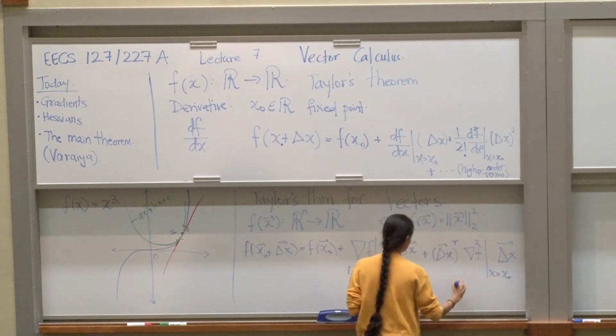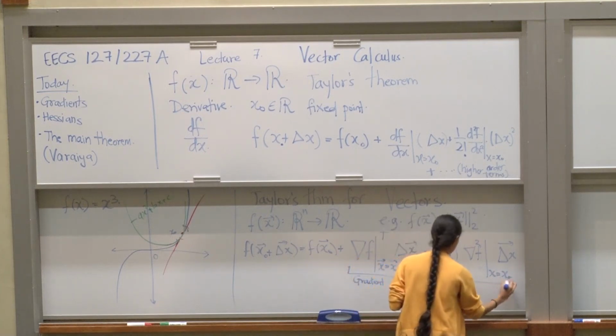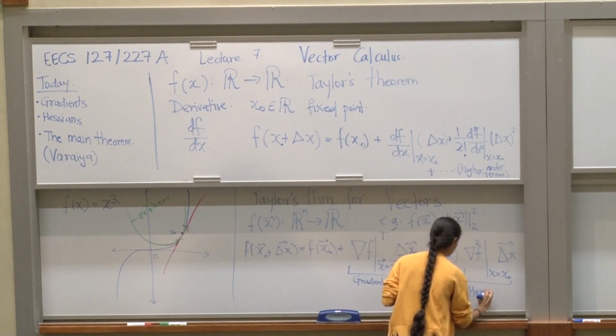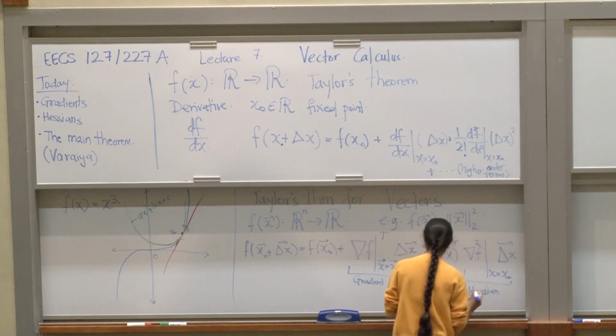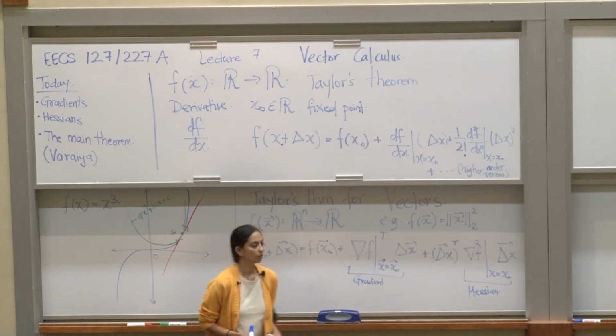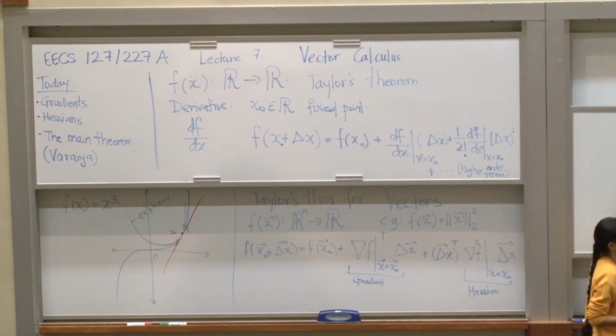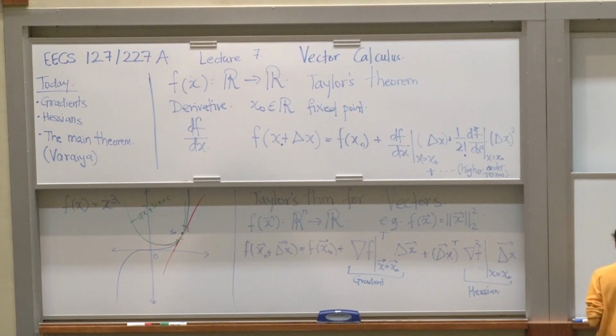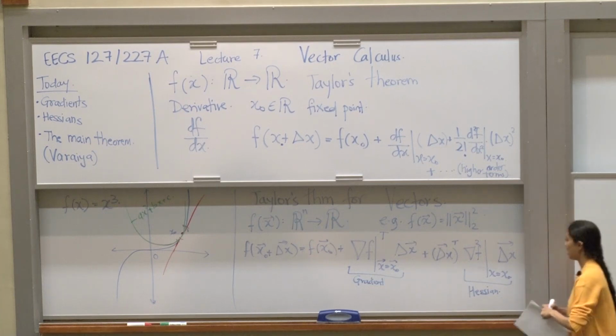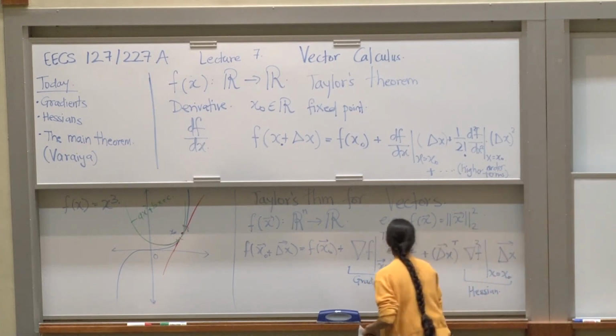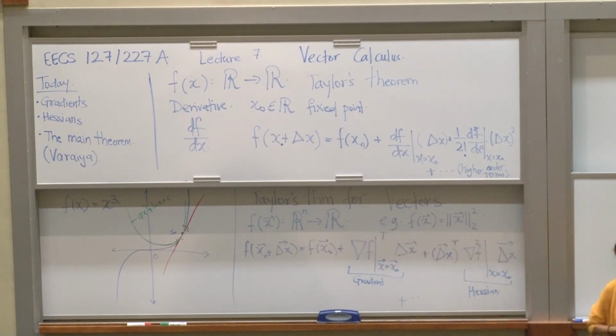Okay? This thing called the Hessian. And of course, I could write higher order terms, but we're not going to really go into that at all.